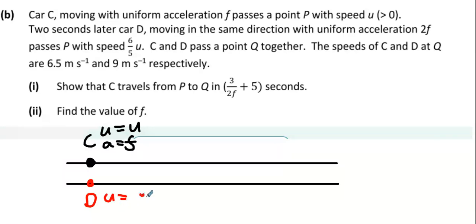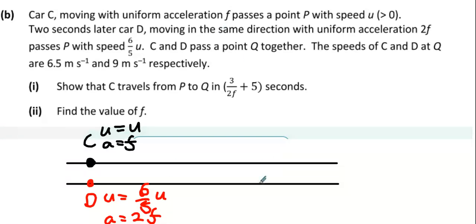So what is it? 6/5 U and acceleration 2F. It's moving faster and it has a better acceleration. So what's the only thing that's going to happen here? D is just going to overtake C and go off into the distance, right?